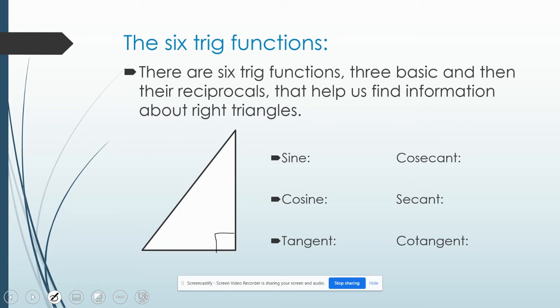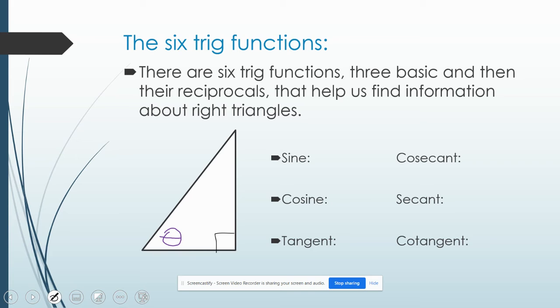Going back and revisiting a little bit from last year on your trig functions, we have a right triangle here. I'm going to mark an angle. I'm going to call it theta. That's a circle with a line through it. And the reason why I do that is because I don't really know what the measure is, but that's the angle that I want to talk about.